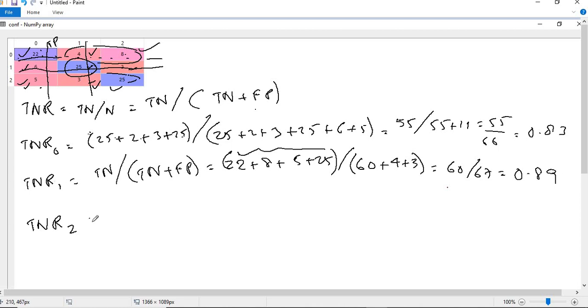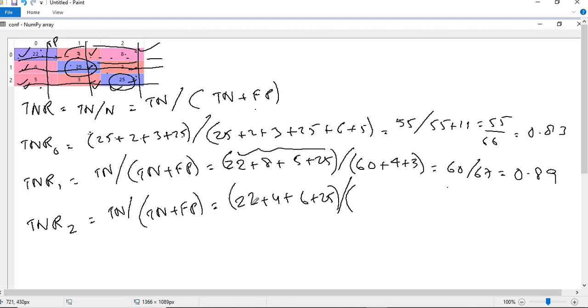Now, true negative rate for class 2. You draw a vertical and horizontal line. This will be my true positive, and this will be my true negative. So true negative divided by true negative plus false positive is 22 plus 4 plus 6 plus 25, divided by 22 plus 4 plus 6 plus 25, which is 57, plus false negative.